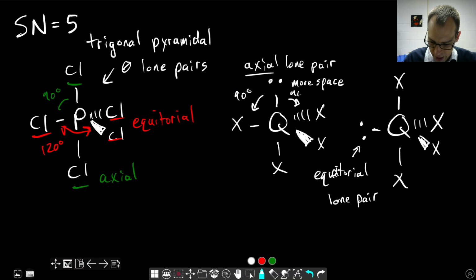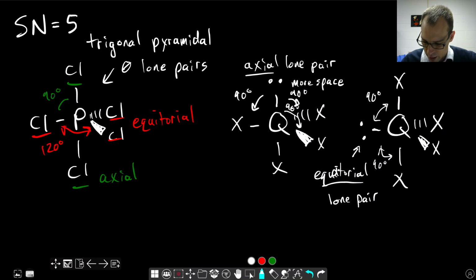Of course, it won't be exactly 90 degrees when it pushes on them, but we have 3 90-degree angles here. They're all relatively close to this lone pair. And so it doesn't have as much space as it could if we look at this structure. We have the equatorial lone pair, where there's only 2 atoms at 90 degrees. And then 2 other atoms are going to be at 120 degrees, but that's a lot further away.